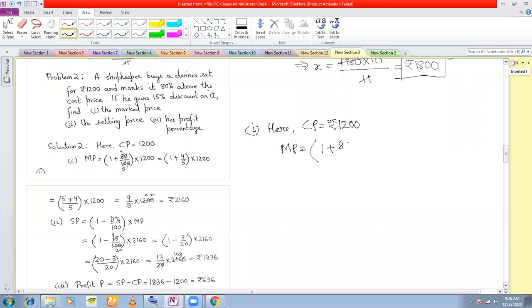So 1 plus increase percentage divided by 100, into original. So this is 1 plus 2 by 5 into 1200, which is 5 plus 2 by 5 into 1200, 7 by 5 into 1200.